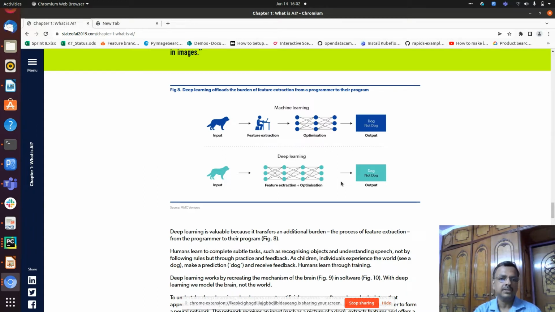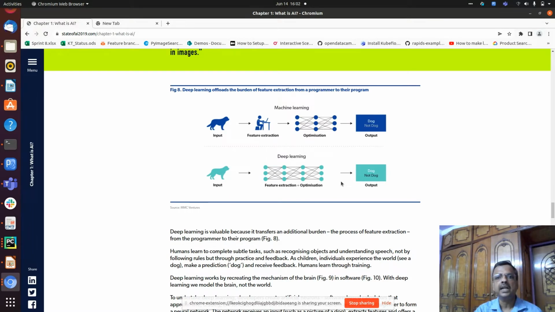This is in contrast to machine learning, where the feature extraction is very, very important, and it is generally done in consultation with a domain specialist. So, if we are doing, for example, a house price prediction, we need to know what features of the house are important for that prediction. Is it the square foot area, or is it the location of the house? Now, it may be very simple for a house price prediction, but not so for a problem in a particular domain, let's say the biomedical domain, where we might need to talk to domain experts and extract the features of relevance for that problem.